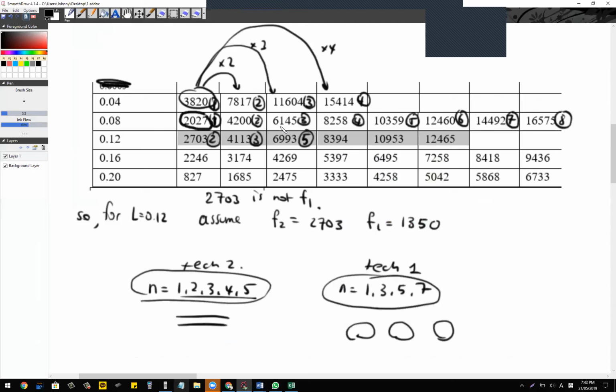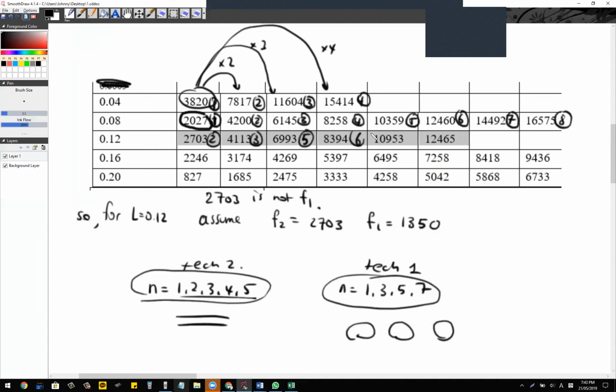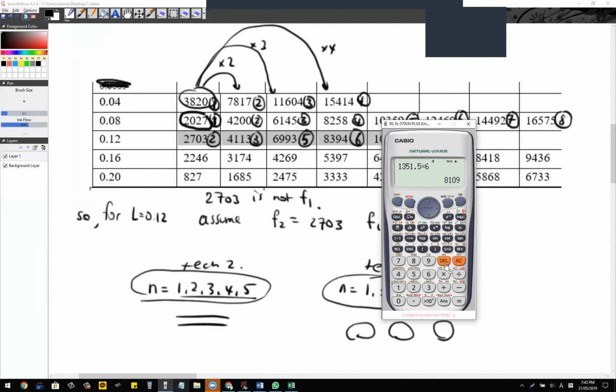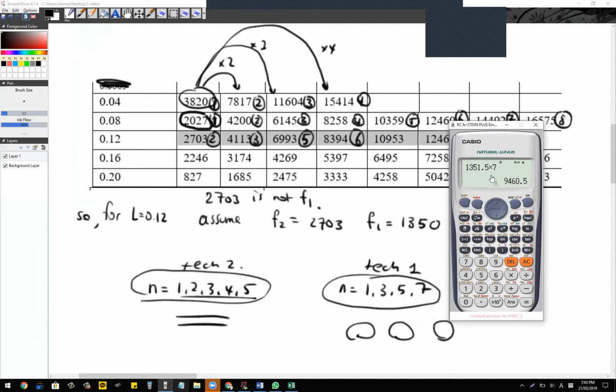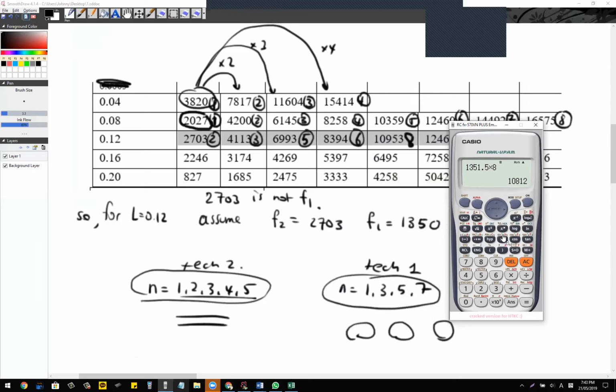So you didn't get the, so if I do this one times by 6, I think it's number 6 here. 7. 8. Yeah, that should be 8 here. 9. Yeah, this is 9.